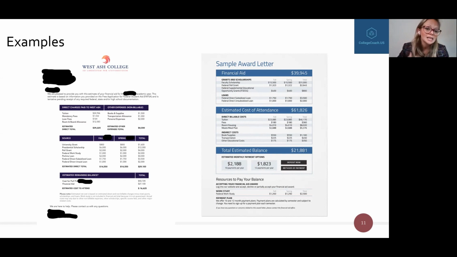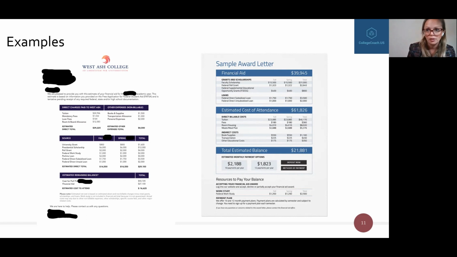And then they're estimating for books and supplies, transportation, and personal expenses, you're going to need another about $4,500 for the year. So your direct costs are 39,000 and your estimated are 4,500.